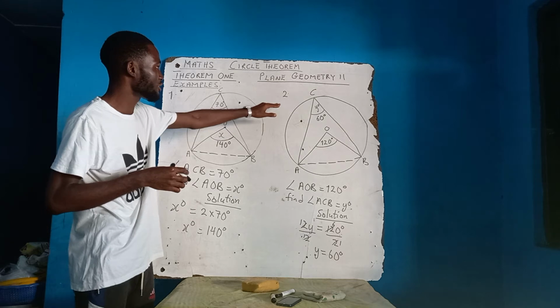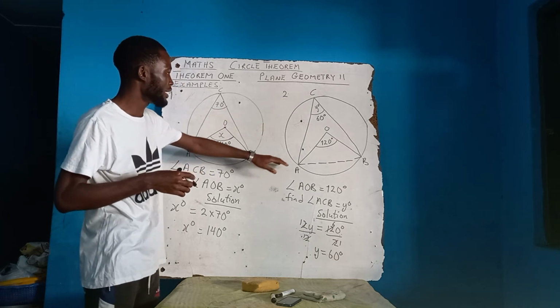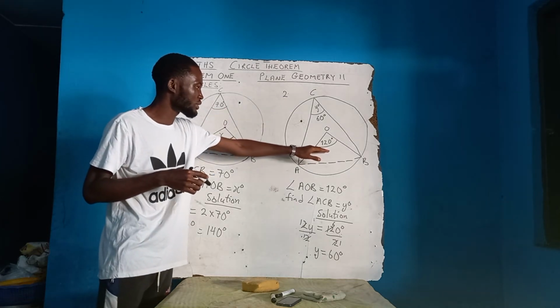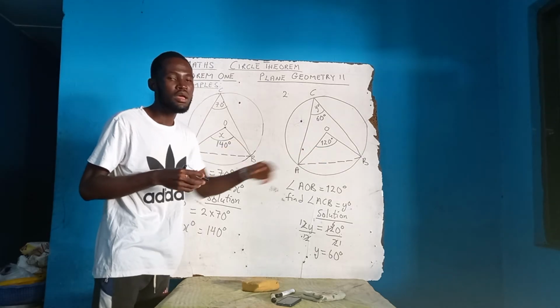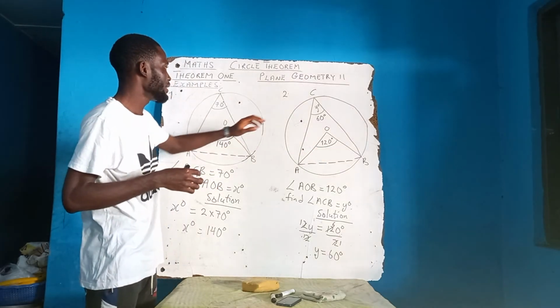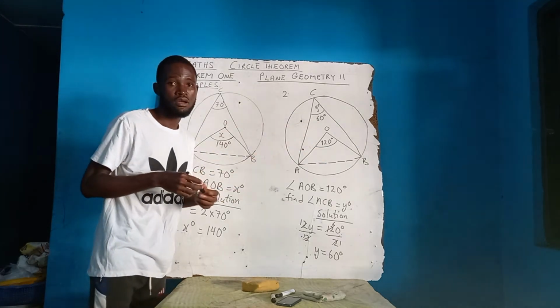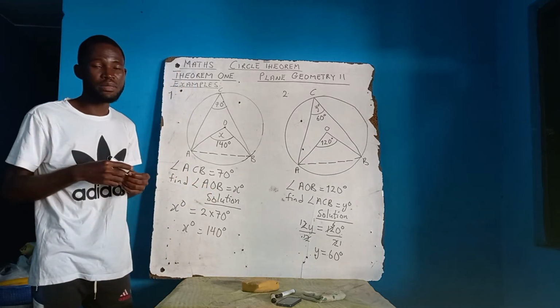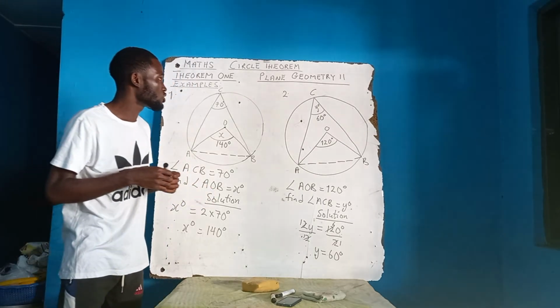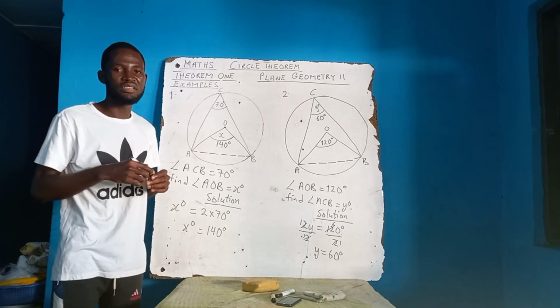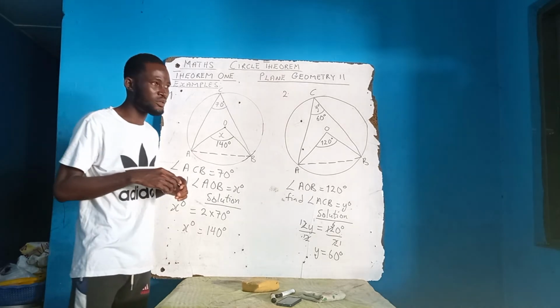But in example 2, our angle was depicted at the center of the circle and we were tasked with finding the angle at the circumference of the circle. So you realize that per the theorem, we are either going to divide or multiply.